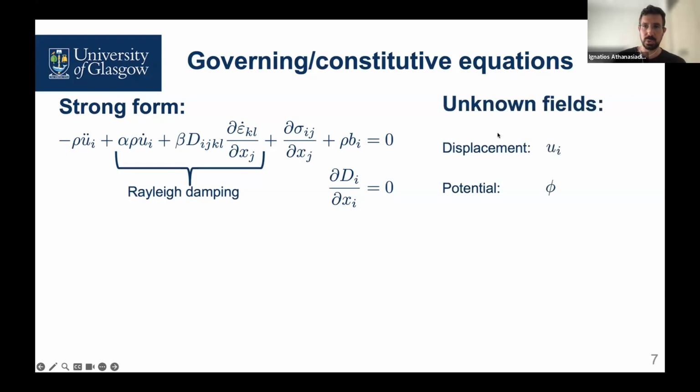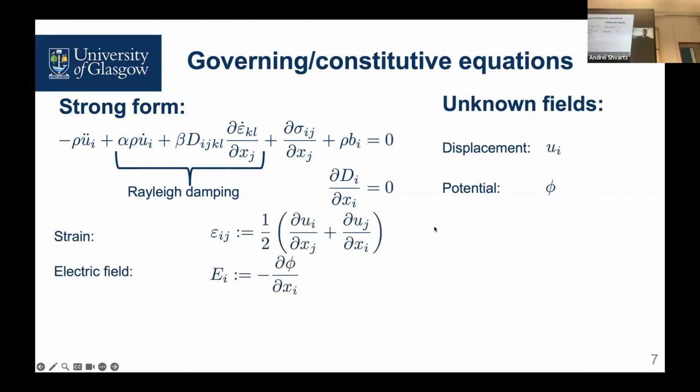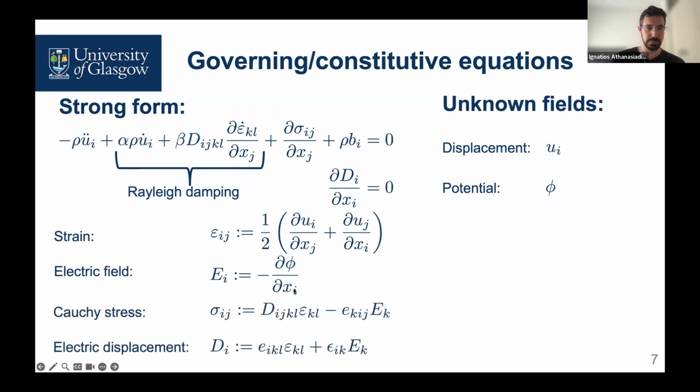And here, what you can see is that with u we represent the displacements, with phi the potential. Strains are defined as the symmetric part of the gradient of displacements, and the electric field is the negative of the gradient of the potential field. And then Cauchy stresses and electric displacements, which is essentially D, are presented like this. Here you can see subscripts.